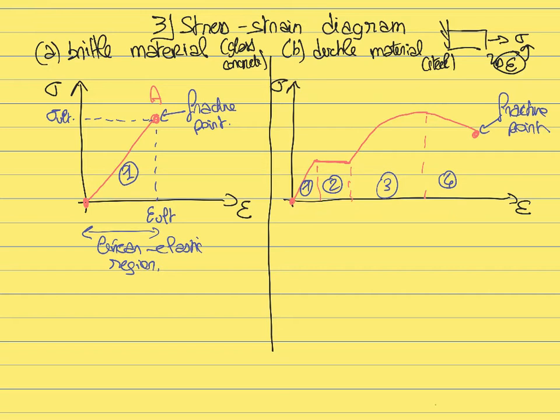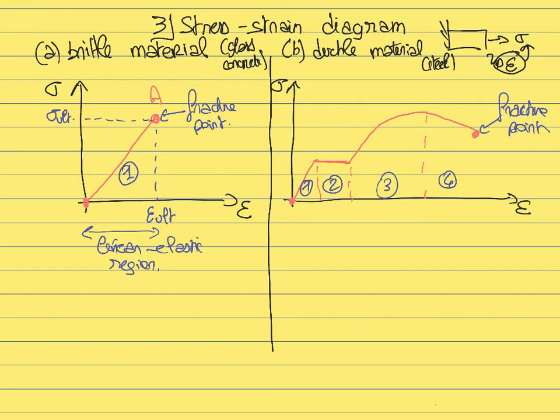In this case, the deformation is reversible, which means that if you increase the strain, the stress will increase, and if you decrease the strain, the deformation will simply be reversible. Everything will go back to the initial shape and the initial length of the material. This is the elastic regime where the deformation is fully reversible.